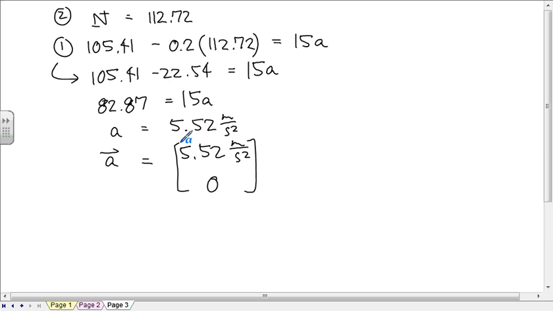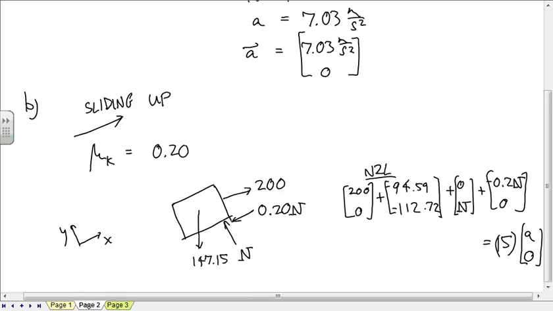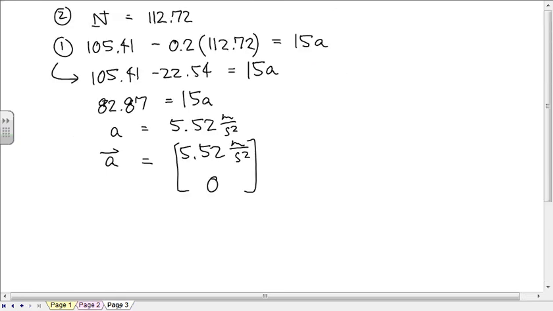So with no friction, we had an acceleration up the ramp of 7, okay? With this amount of friction, we had a smaller acceleration up the ramp. So now if we change the direction, do you have any intuition about what's going to happen to the acceleration?